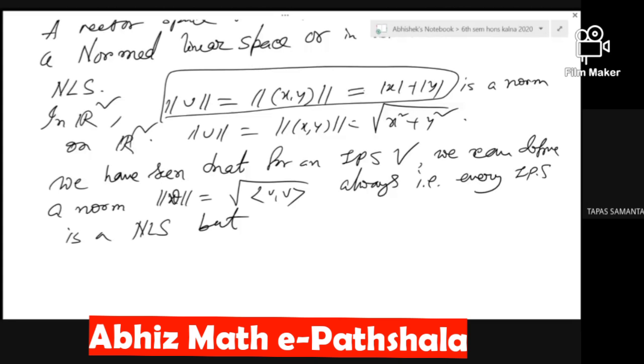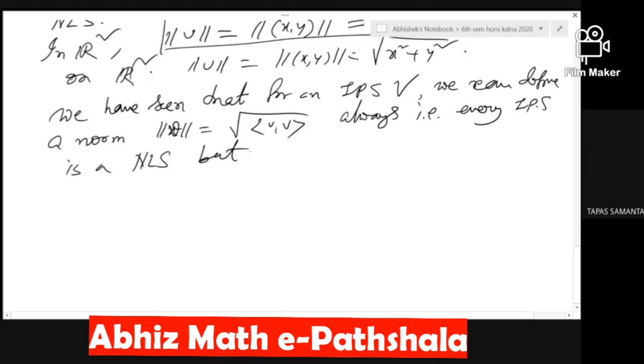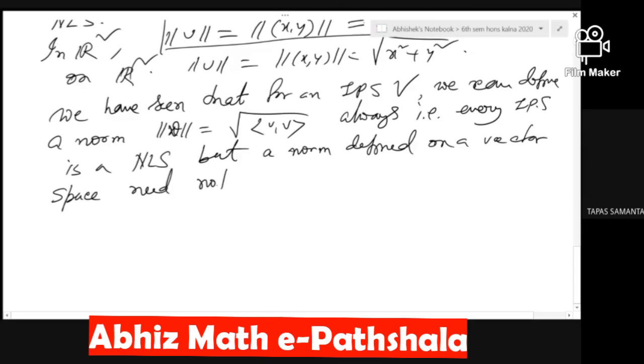So a norm defined on a vector space need not induce an inner product in general.